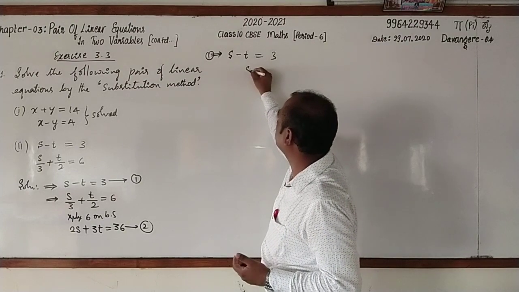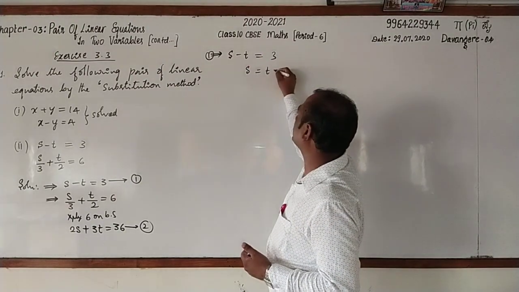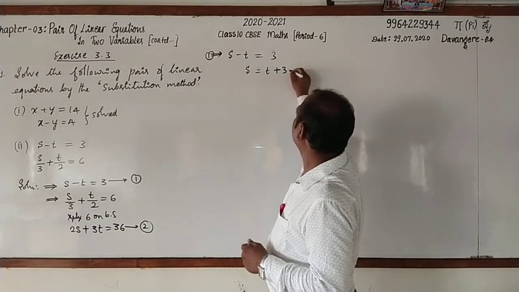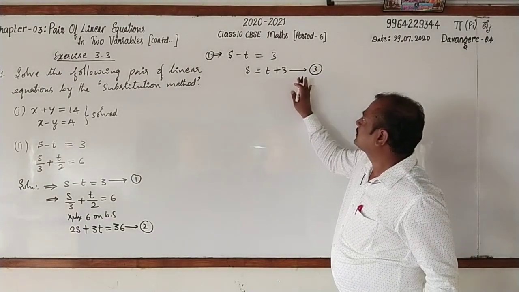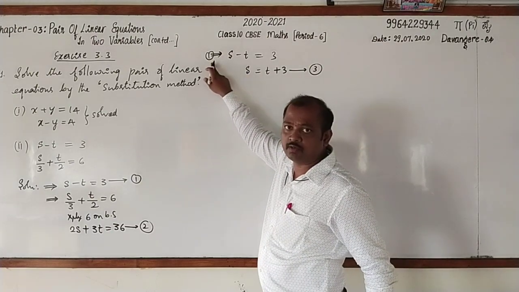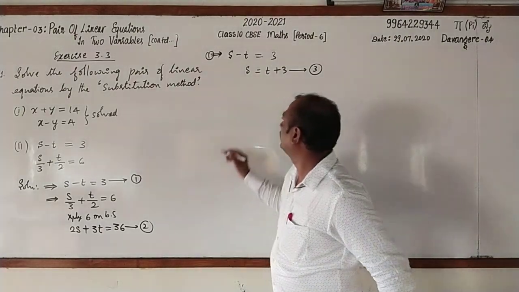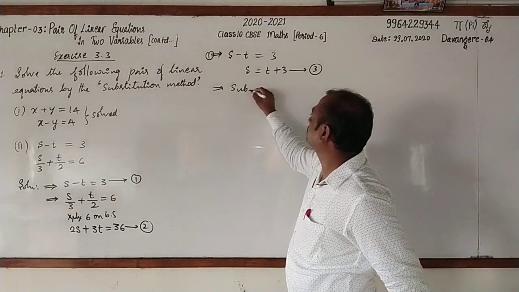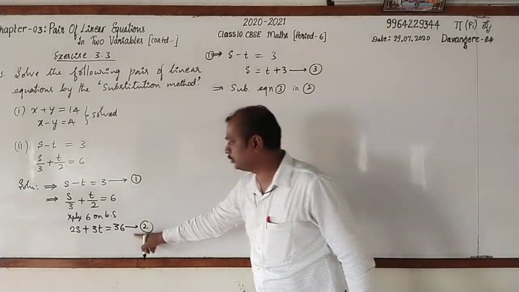Solve for s. s is equal to, transferring minus t to the right-hand side, it becomes plus t, plus 3 as it is. You may call this equation 3. Equation 3 is obtained from equation 1. Hence, 3 should be substituted in 2. In the next step, substitute equation 3 in equation 2.